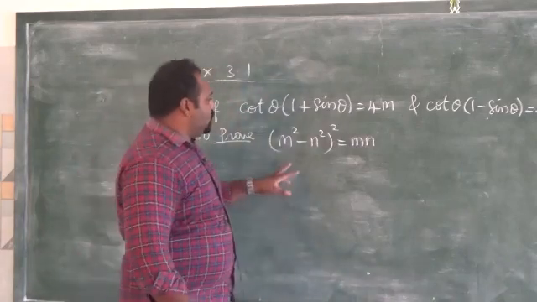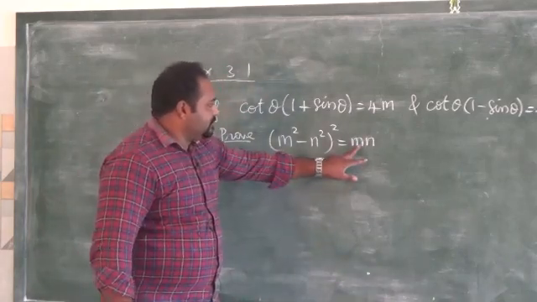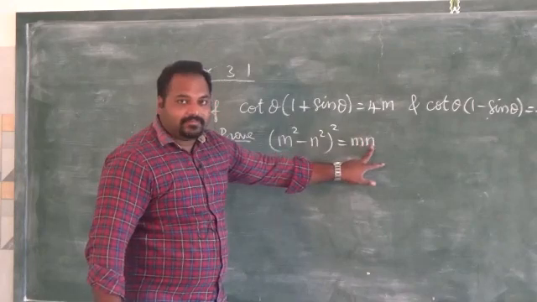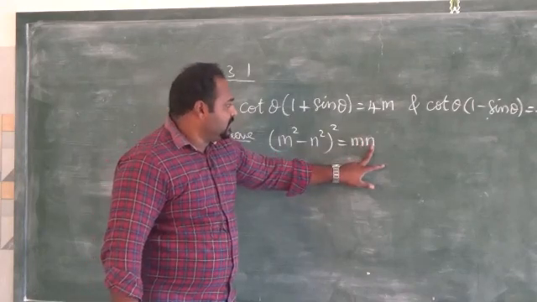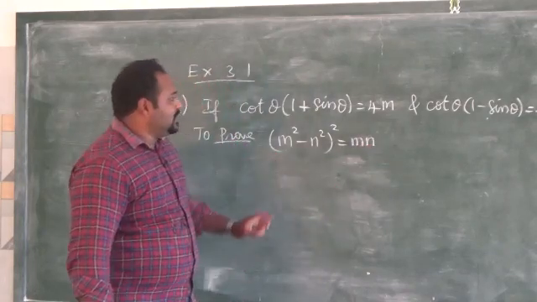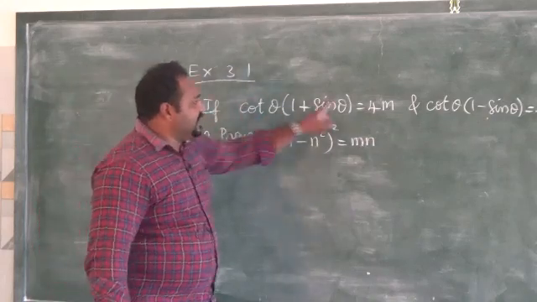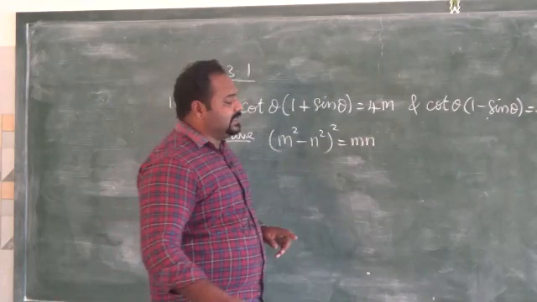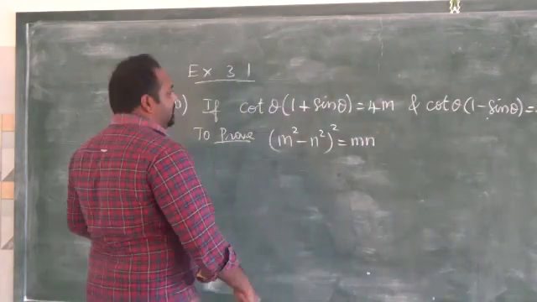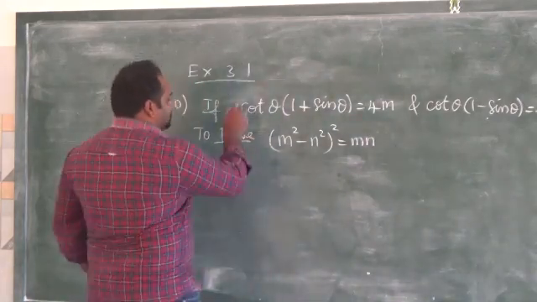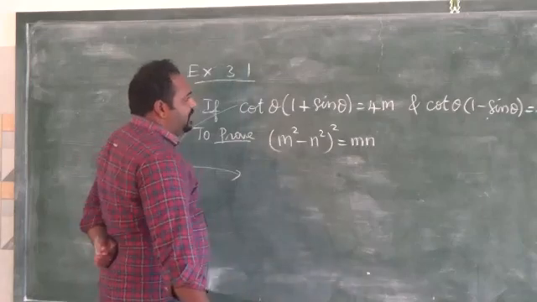If we want to prove this statement, we should know the m value and the n value. So here I am going to find the m value and n value from these two given data. First I am going to find the m value from this. How can we find it?